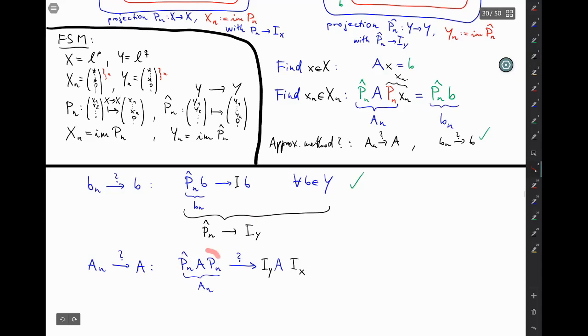So the limit of that product should just be the product of the limits, because we are used to this rule from sequences of numbers or even slightly more complicated things, but we don't have a proof yet for operators and strong convergence. So this is what we need next.